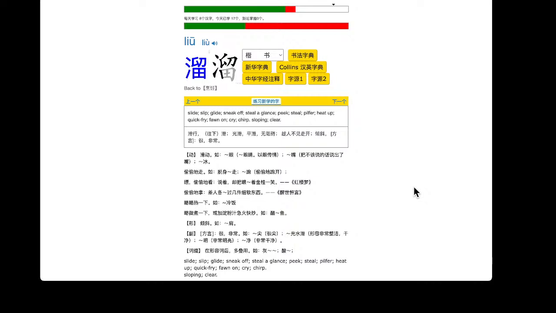And it also means a quick fry. Quick fry is called 溜. We're talking about cooking, right? So this is one way of cooking. Stir fry is already quick, but this one is particularly quick. So they call it 溜.